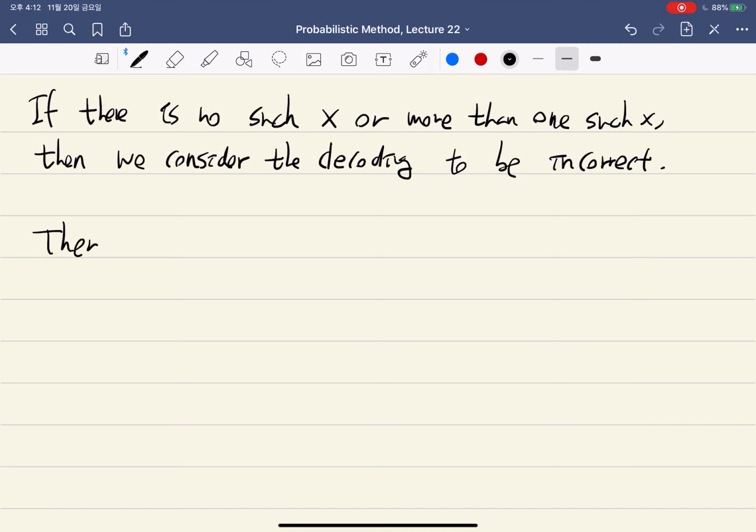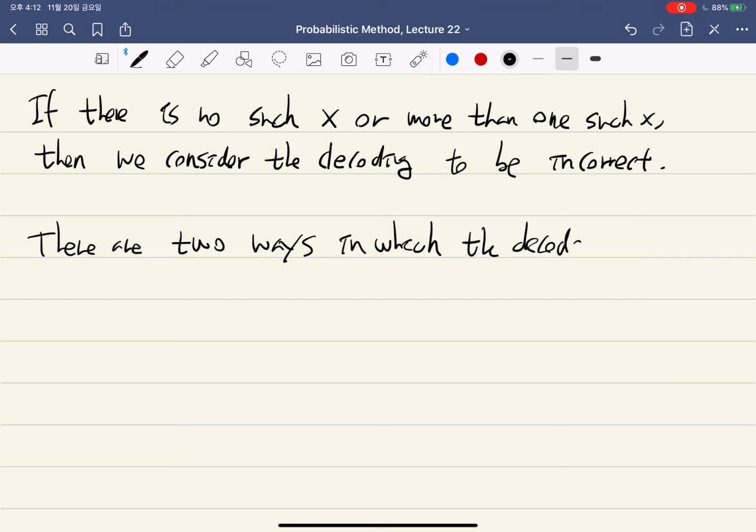Then simply, there are two ways in which the decoding can be incorrect.